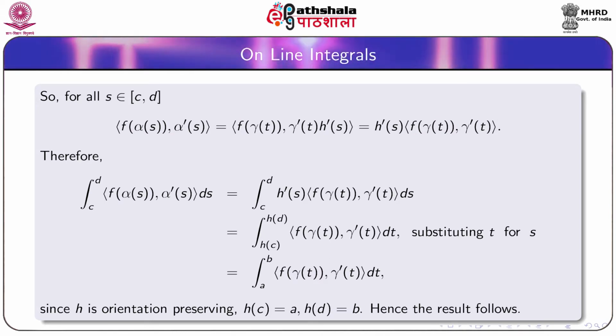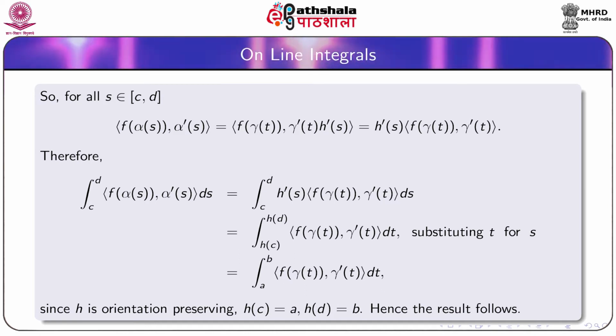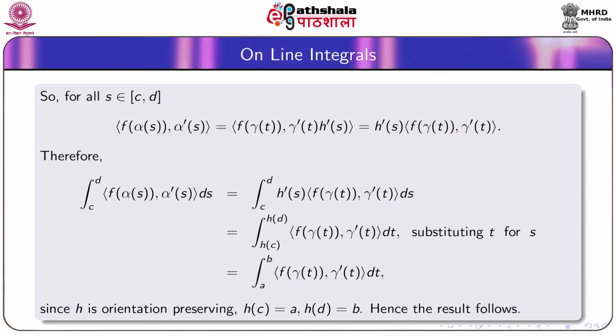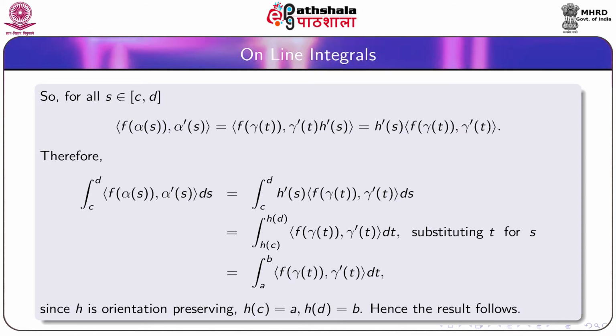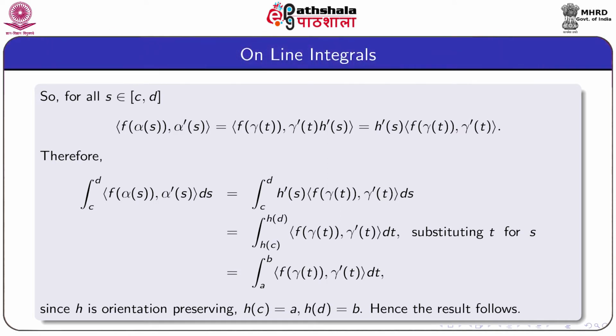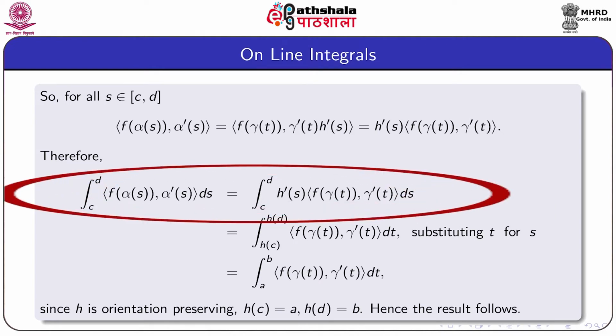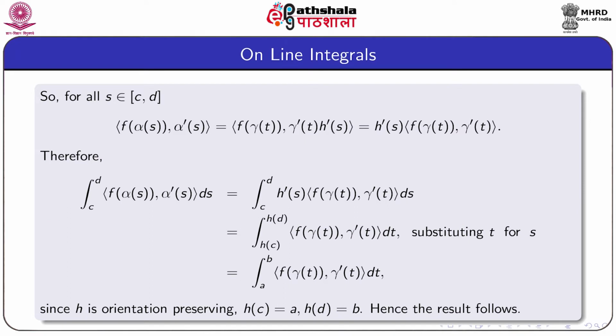Now, h'(s) is a real number. f(gamma(t)) and gamma'(t) both are members of Rn, that is, vectors. So, we can write this as h'(s) times the inner product of f(gamma(t)) and gamma'(t) using the homogeneity property of the inner product. Therefore, the integral from c to d of the inner product of f(alpha(s)) and alpha'(s) ds equals the integral from c to d of h'(s) times the inner product of f(gamma(t)) and gamma'(t).